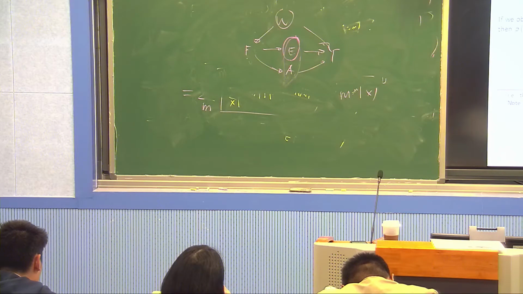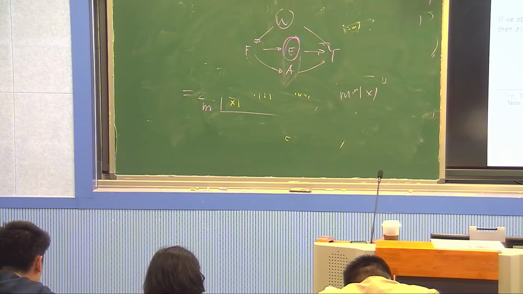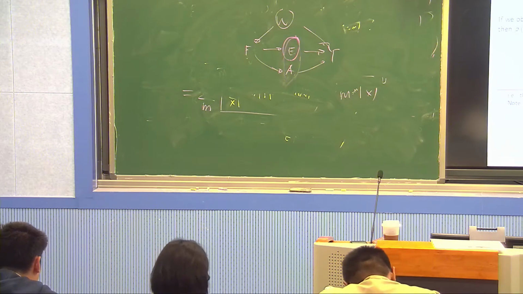Non-parametric means no parametric assumption. So this P can be anything. It doesn't have to be a normal distribution. It doesn't have to be a linear function. It doesn't have to be anything.